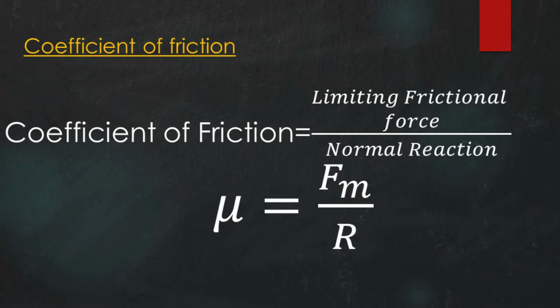R, the reaction between the surface and the object, is also fixed. Therefore mu is always constant. Mu is known as the coefficient of friction, equal to the limiting frictional force divided by the normal reaction.